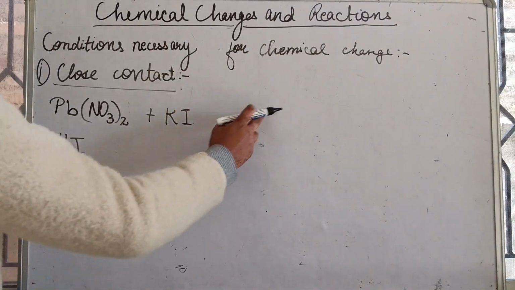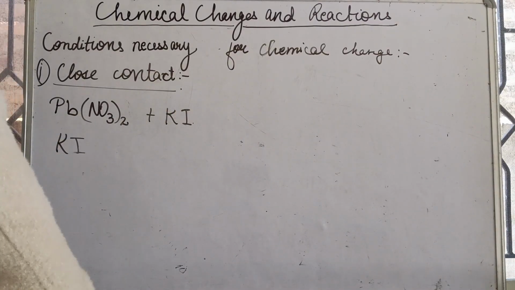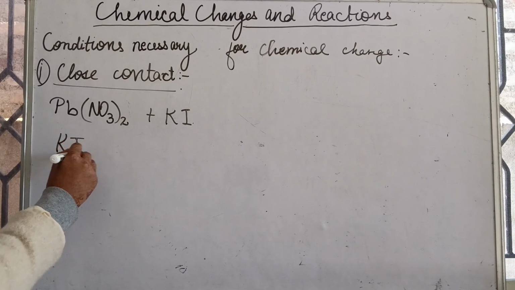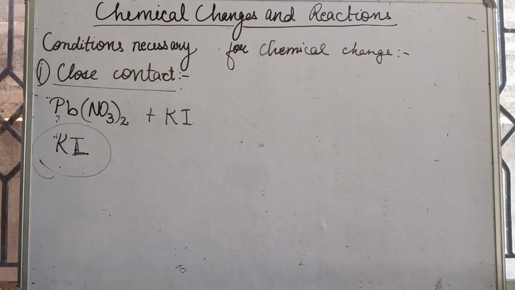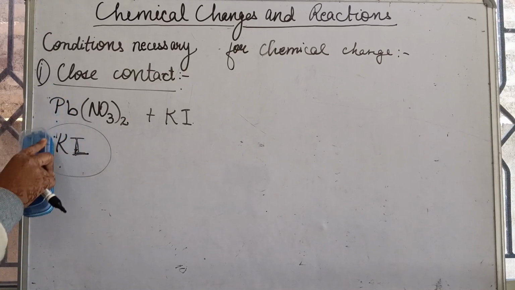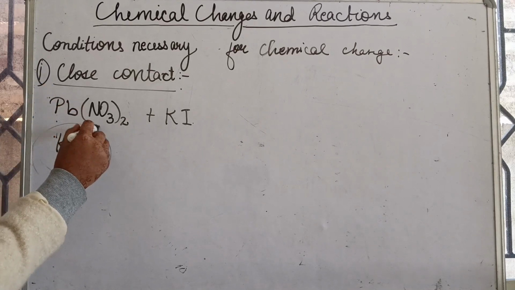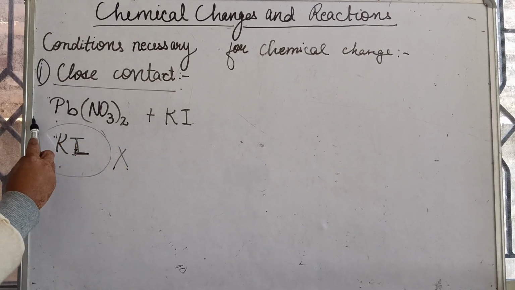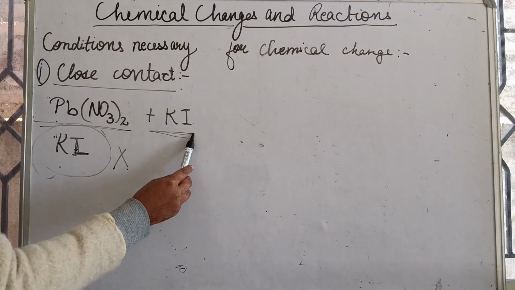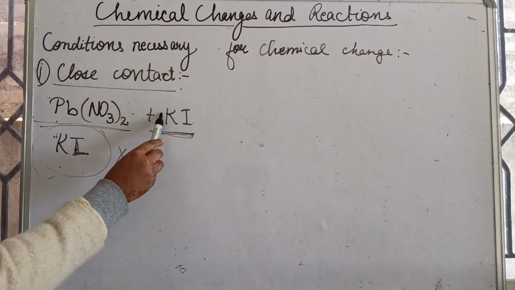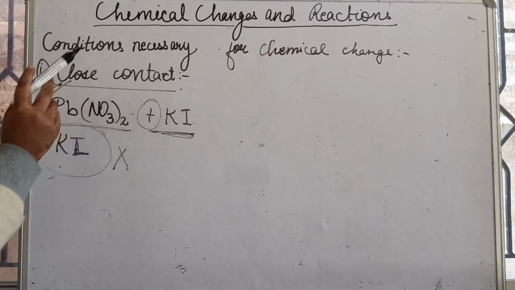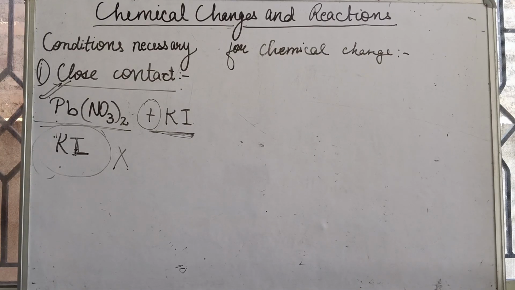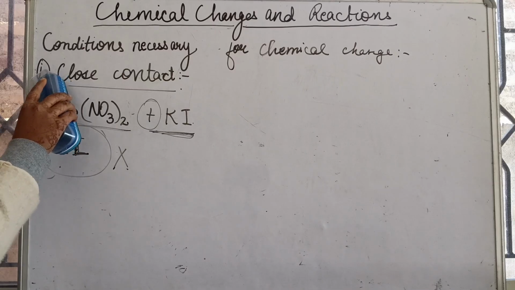But suppose we are keeping lead nitrate here and potassium iodide here, not in contact with each other, then this reaction will not take place. But if this lead nitrate comes in contact with this potassium iodide, then this reaction will take place. So two substances must be in close contact.